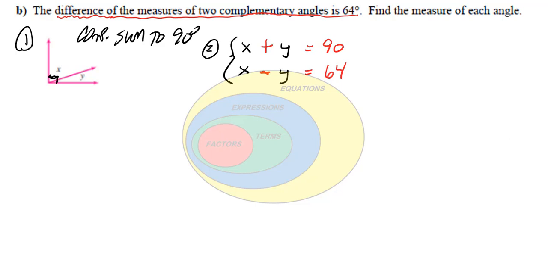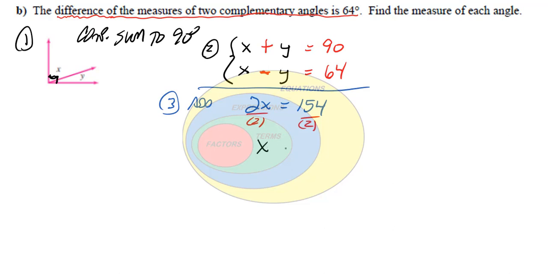To solve this, we can use the elimination method because we have opposite terms. If we add, the left side would be 2x, and the right side would be 154. Solving for x, dividing by 2, we get x equals 77.